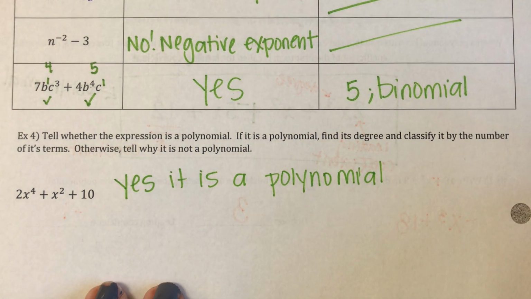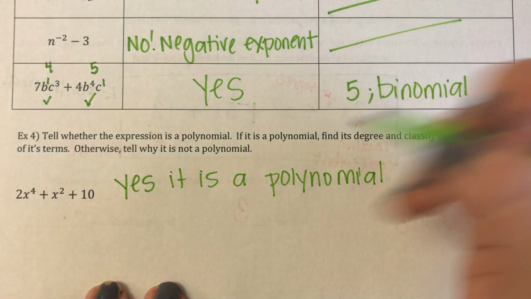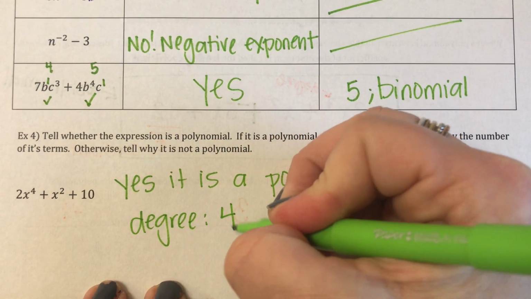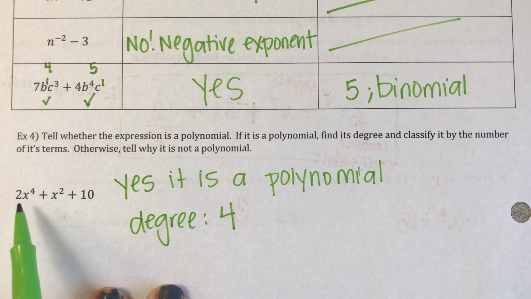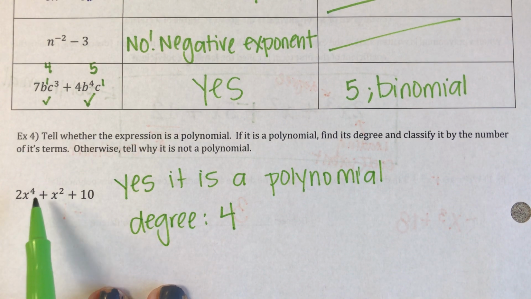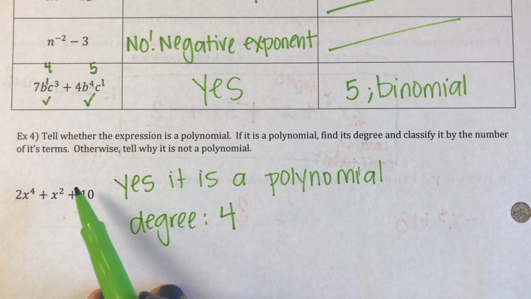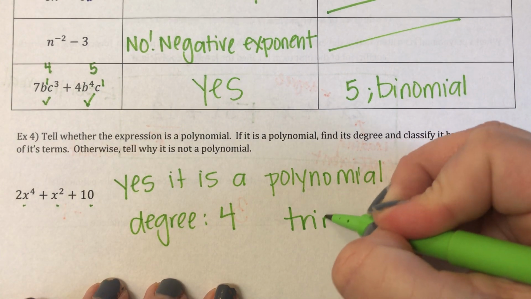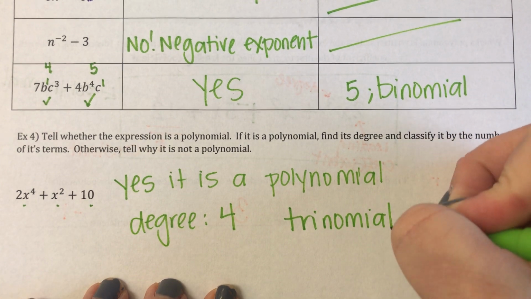So what would be the degree of it? The degree would be 4 because that's the biggest exponent, right? And then I'm going to classify it. It's 1, 2, 3 terms. So it is a trinomial.